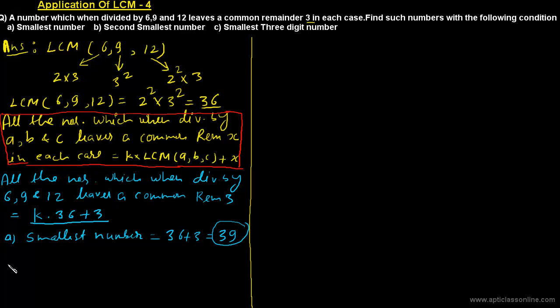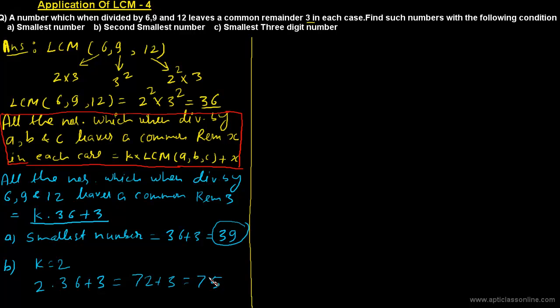39 is the smallest number which when divided by 6, 9 and 12 will leave a common remainder 3 in each case. For question B, the second smallest number, that means the number bigger than 39, we will put the value of k as 2. So that will be 2 times 36 plus 3, that is 72 plus 3, that is 75.